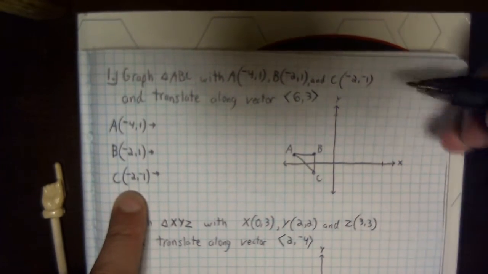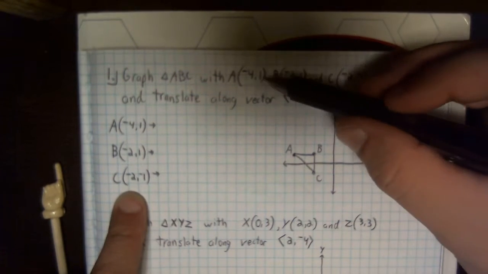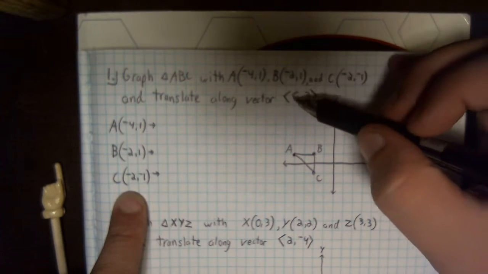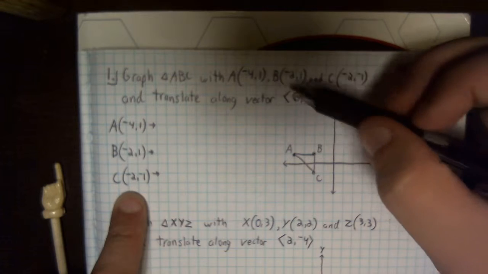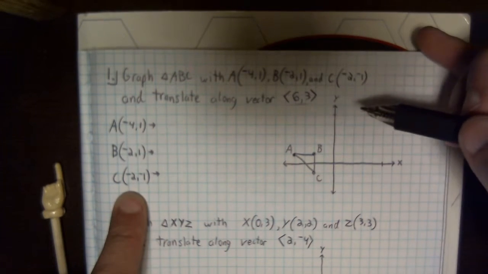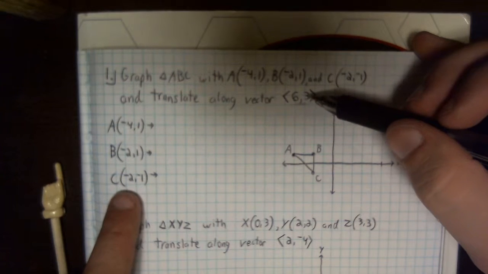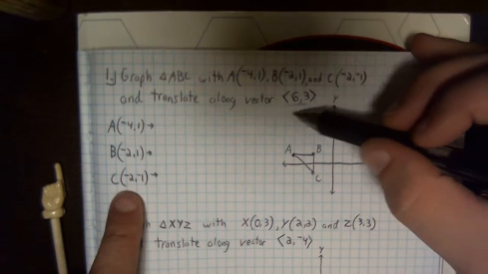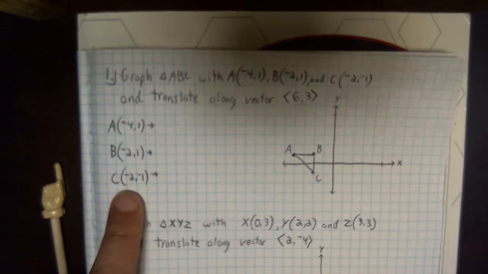Now, like we said a second ago, we're going to be adding the X values, and then we're going to be adding the Y values. But every time we want to use this vector that they gave us. That's because we want all of the points to move this direction, this distance. Okay?